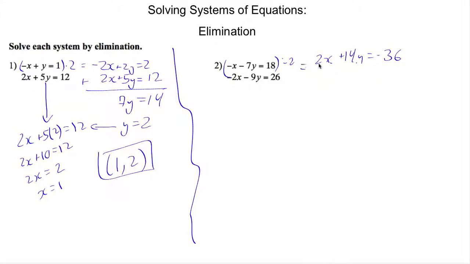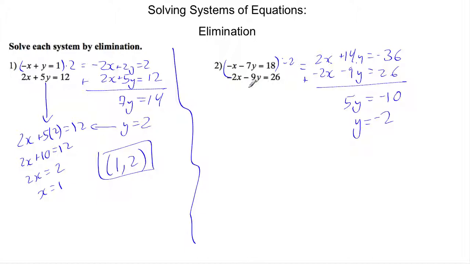And I'm still going to carry over the same equation on the bottom. So I get negative 2x minus 9y is equal to 26. Again, I'm going to add these together. I have 2x and negative 2x, which is 0. 14y minus 9y gives me 5y. And negative 36 plus 26 is negative 10. So y is equal to negative 2.